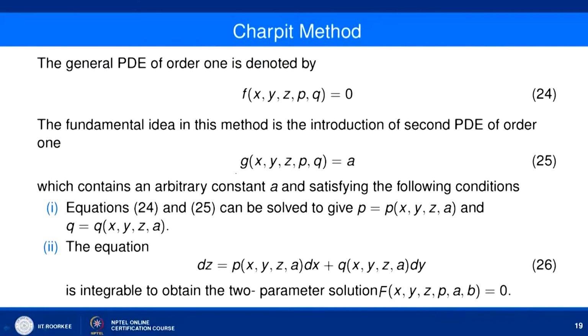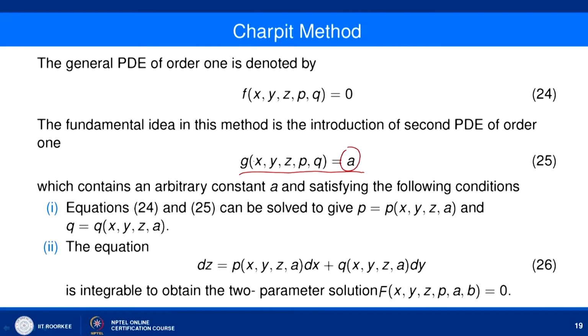using the concept of compatibility. So, it means that if we are able to find another PDE, say g of x, y, z, p, q equal to a, here a is some kind of parameter.